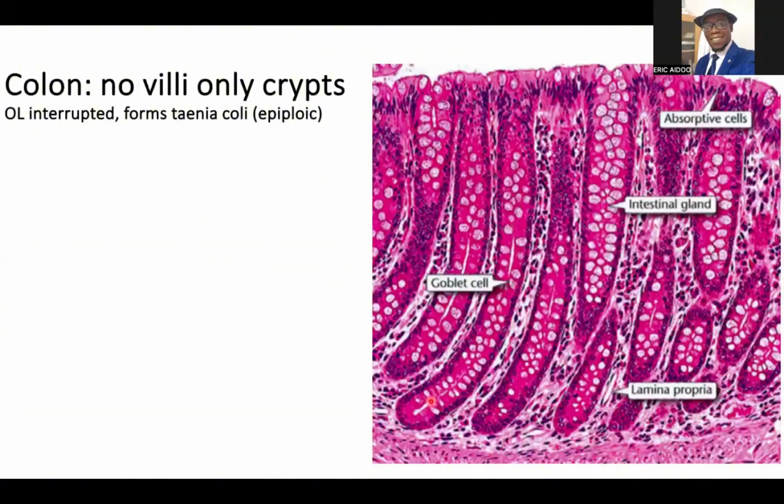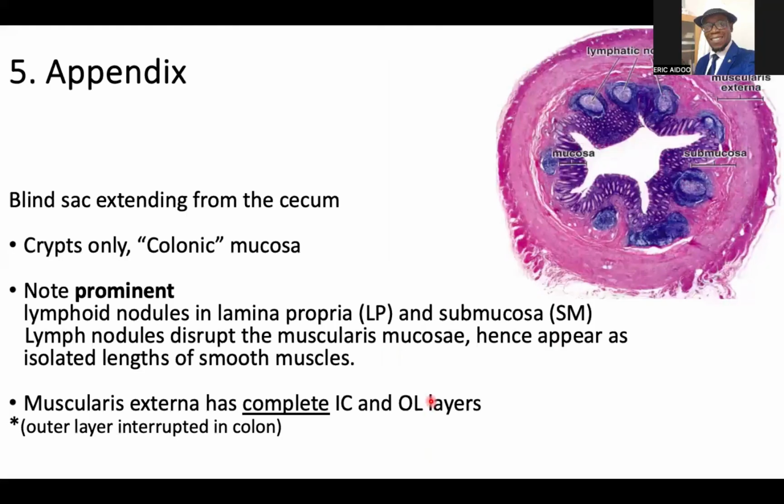So you won't find the tenia coli or the epiploic appendages or extensions. So that is how the appendix looks. So this is also important: the muscularis externa of the appendix is intact. The inner circular and outer longitudinal are intact.